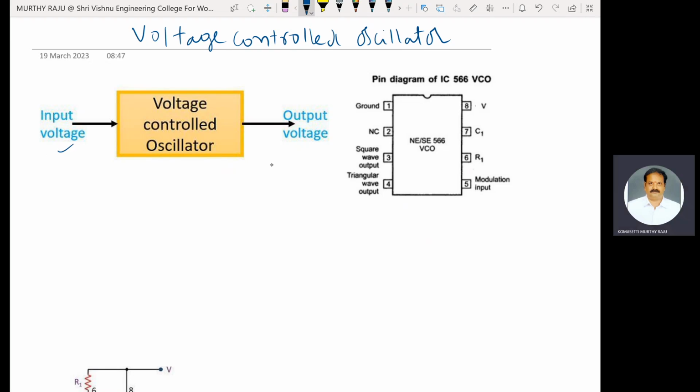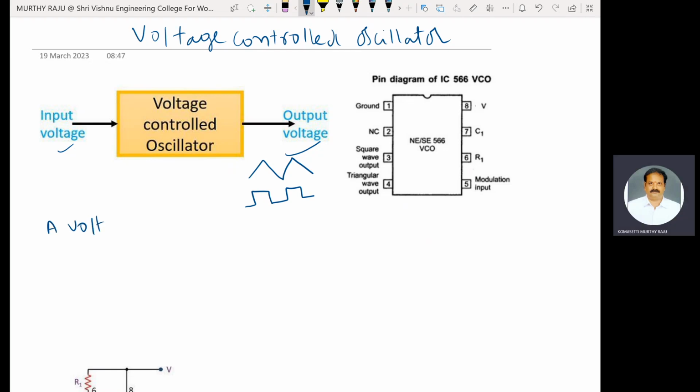This is the input voltage and the output waveforms. Two types of waveforms are generated: triangular waveform and square waveform. That is called a voltage controlled oscillator.